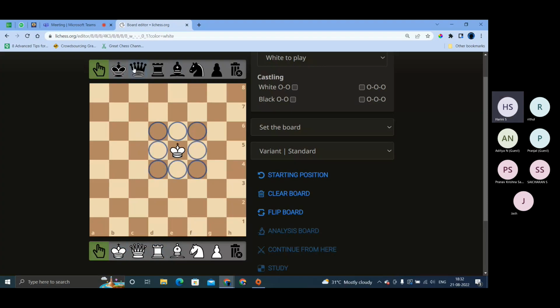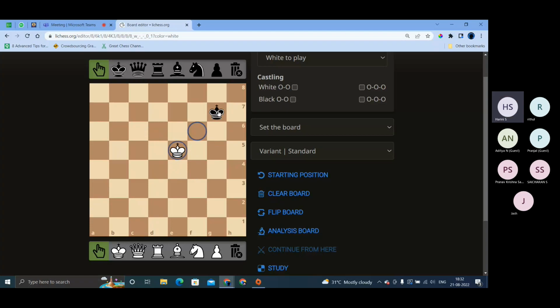So the opponent cannot come here. The white king is controlling these squares, and remember the rule: the king cannot come to a square which is controlled by the opponent. So this king cannot come here because it is controlled by the opponent.